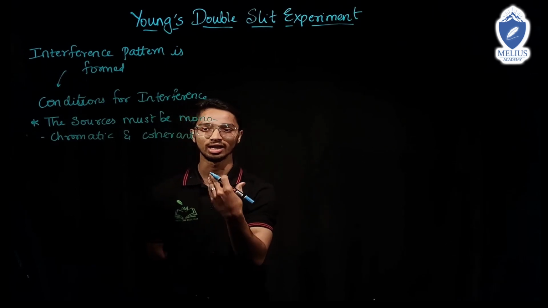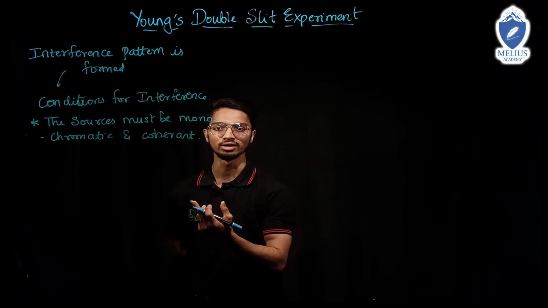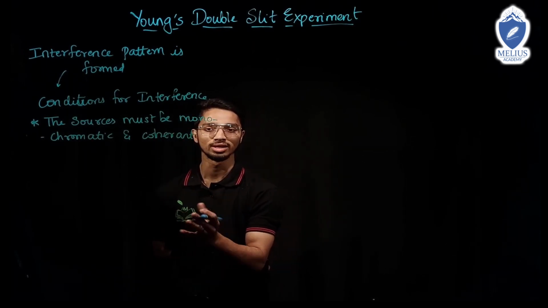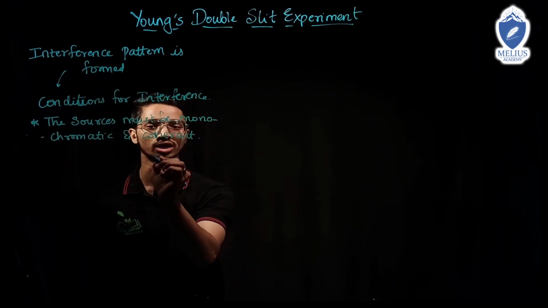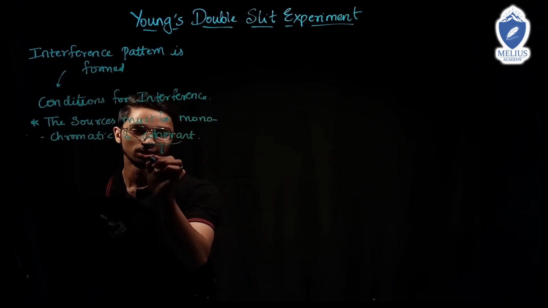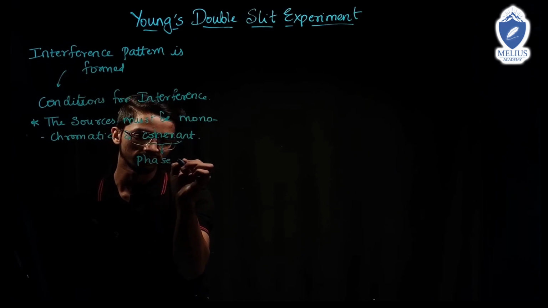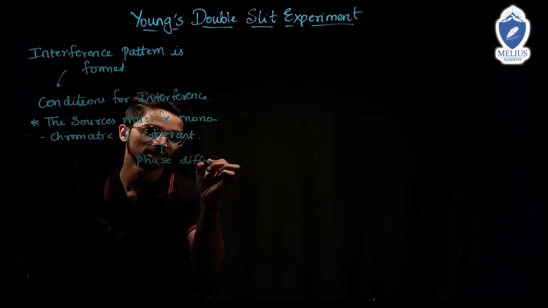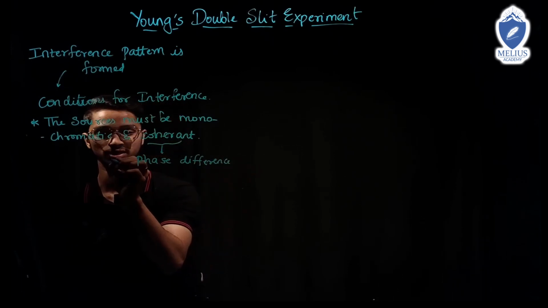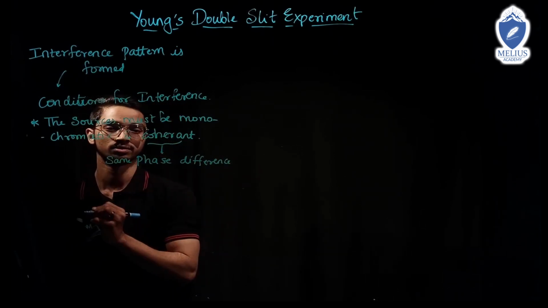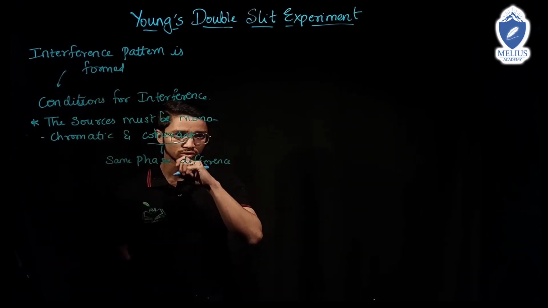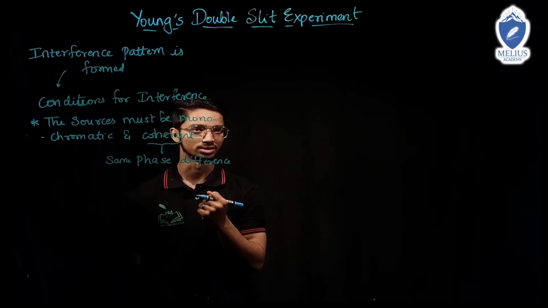Monochromatic means a light of single wavelength, a light which gives only a single wavelength. And what does coherent mean? Coherent means the sources having the same phase difference.